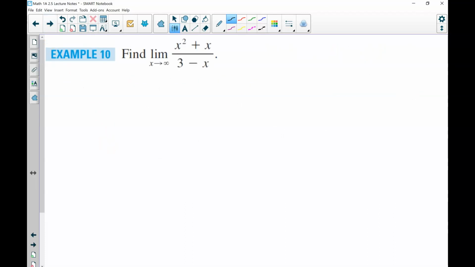Now in example number 10, we want to be able to find the limit as x approaches infinity of x squared plus x over 3 minus x. So what we're going to do is take the limit as x approaches infinity of this function.